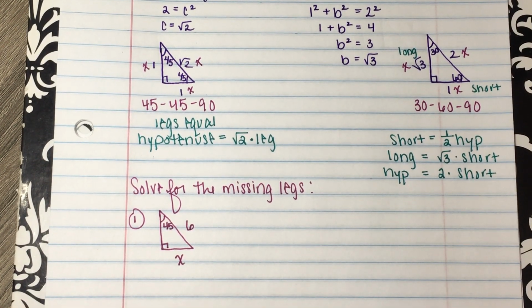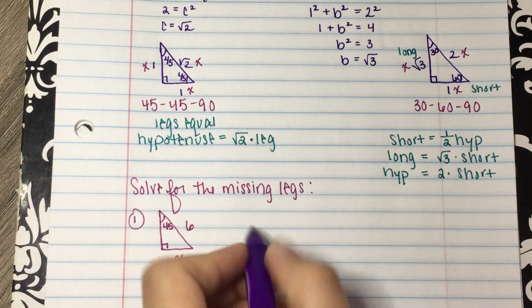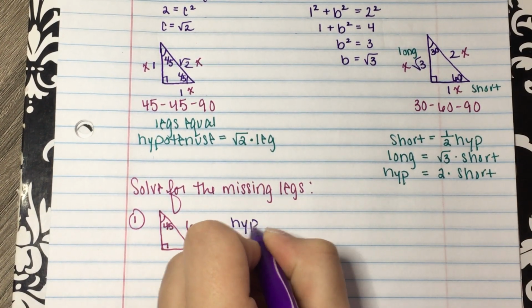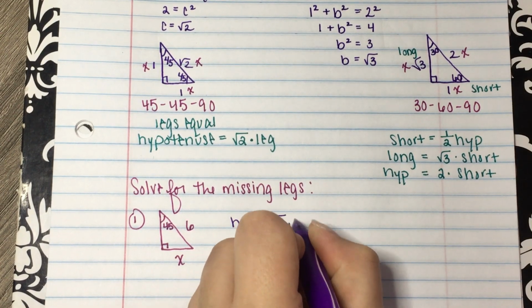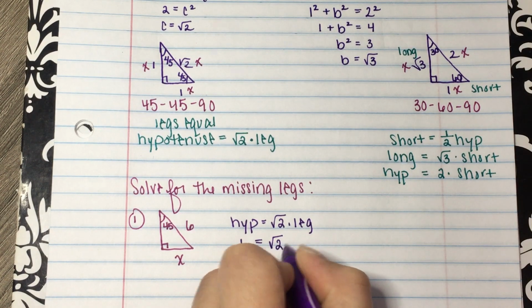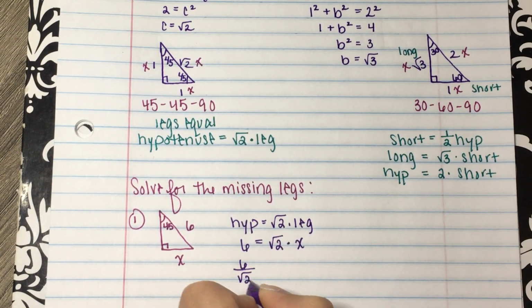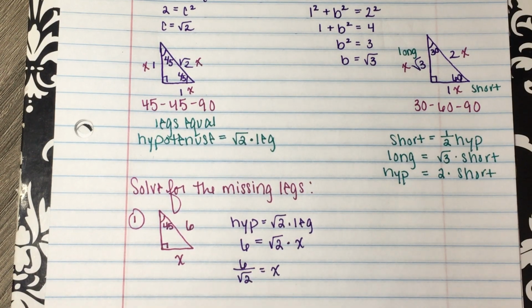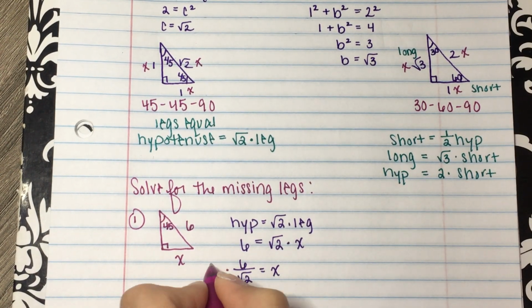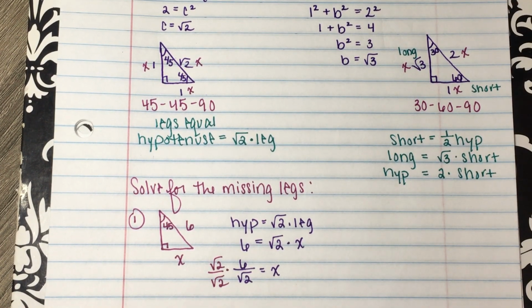You can see here we have our hypotenuse and we're looking for our leg. So I'm going to use the formula: hypotenuse is equal to square root of 2 times our leg. My hypotenuse here is 6, and the leg is x. When I solve for x, I get 6 over square root of 2, but I do have to rationalize by multiplying by square root of 2 over square root of 2. I can't have a radical in the denominator.